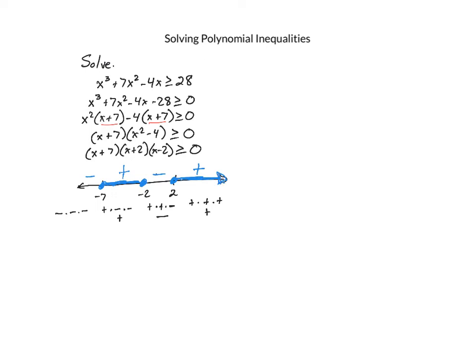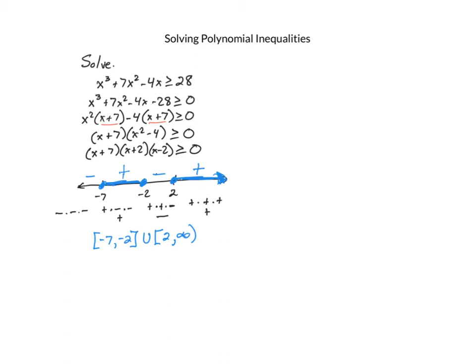So our solution would look like the closed interval from -7 to -2, union 2 to infinity. And when you're doing this kind of a problem, do show the number line with the results. That's part of the work that you would want to show when you're solving a polynomial inequality.